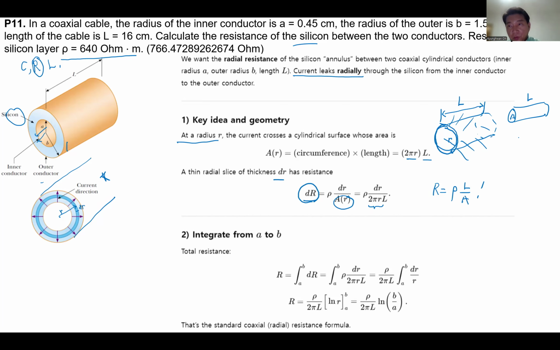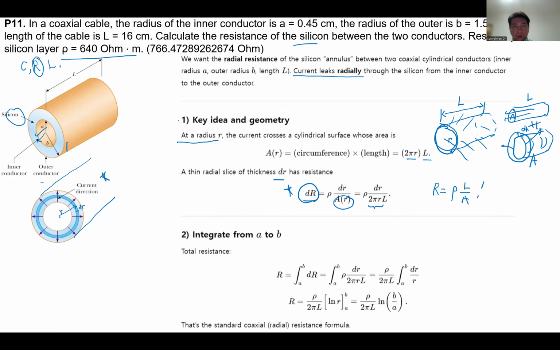But in this case the area is this, and the length is dr. The reason is that the current is flowing radially, in these directions. So it is a different geometry. You need to understand this. This formula is very important.